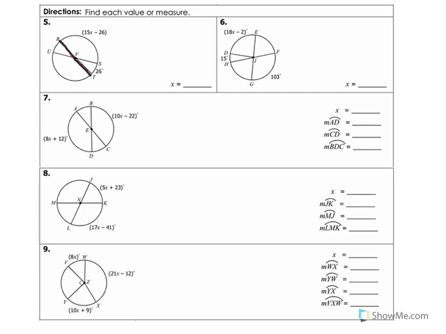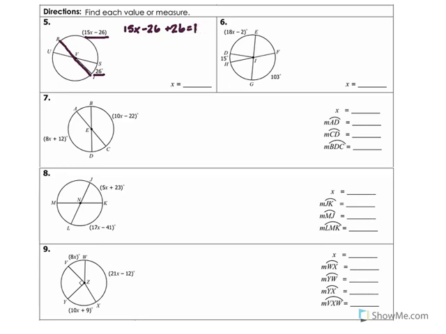This is a straight line, so we know that this equation plus this 26 degrees is going to be 180 degrees. So we're going to do 15x minus 26 plus 26 equals 180 degrees.